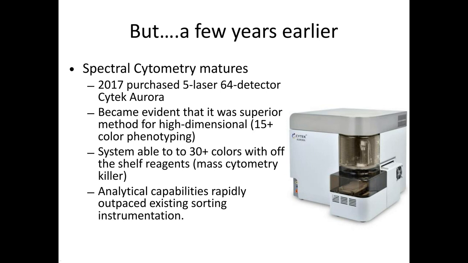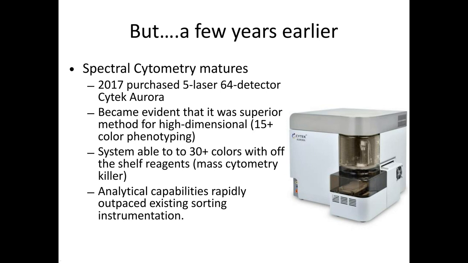For 15 plus colors, it just looked great. And the workflow, the software, everything about that machine just kind of works. Okay, and then finally, when they had the full 5-laser system, it was able to do 30 plus colors, and I realized, oh my God, this is the mass cytometry killer.